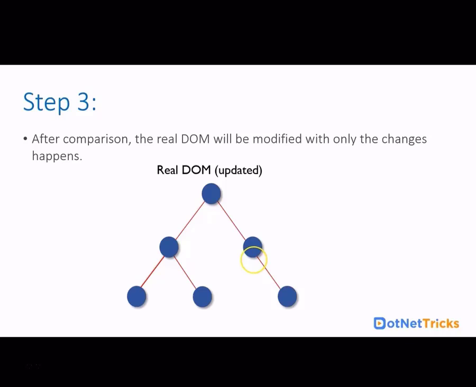So when any change occurs, first the virtual DOM is modified, the virtual DOM is compared with the real DOM, and only the affected change gets re-rendered into the browser. This is how virtual DOM is implemented in React, which makes our application faster, robust and scalable for real-time applications. Thank you so much.